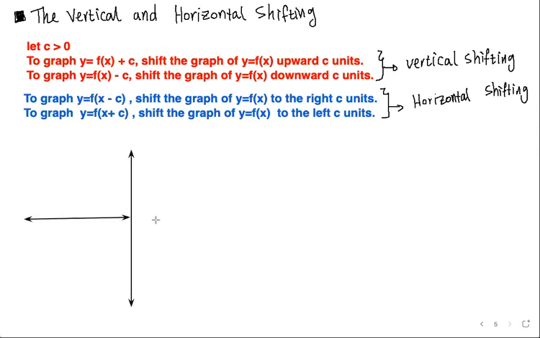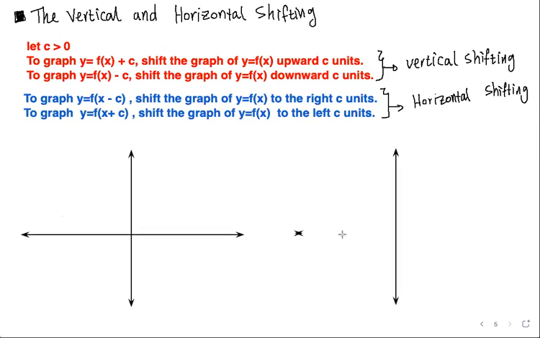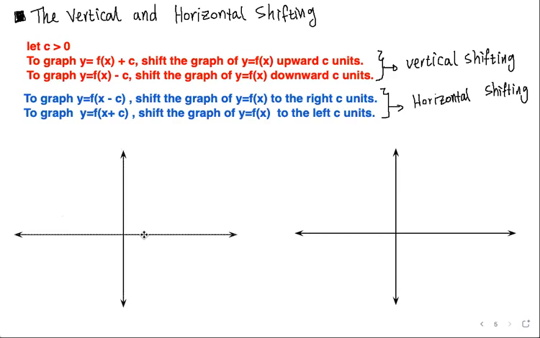So this is my Cartesian plane, the x and y axes. This is for vertical shifting, and this is for the horizontal one.